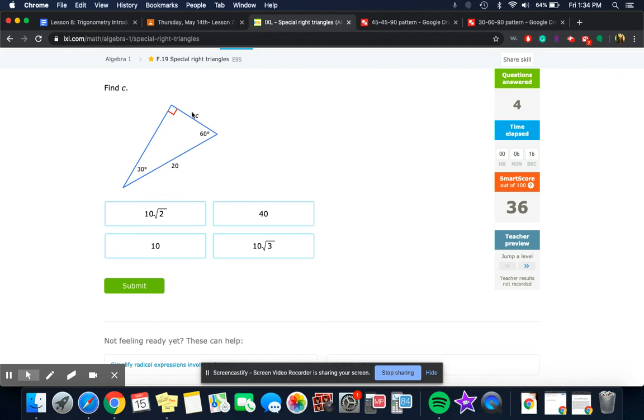I want the short leg because it's across from the 30. The relationship between hypotenuse and short leg is double. Because I'm starting with the hypotenuse and I want the shorter leg, I'm going to divide my hypotenuse by 2. 10 is my answer.